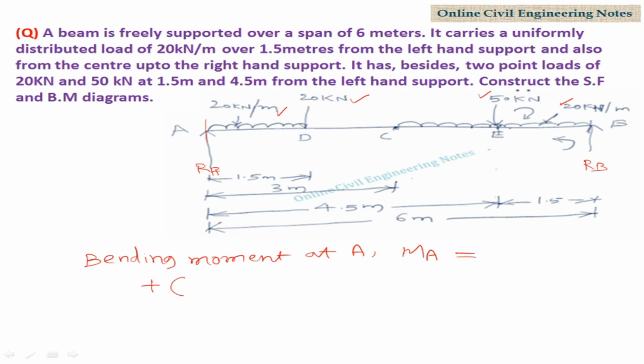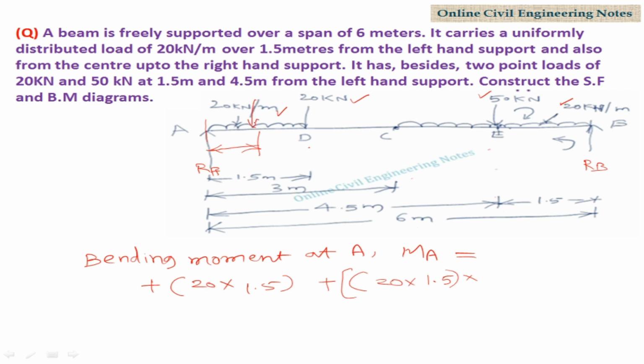First concentrated load 20 into perpendicular distance from D to A is 1.5, plus UDL 20 kilonewton. Convert the UDL into concentrated load, so we have to multiply it with 1.5, that is the distance of UDL. After converting, it will be 20 into 1.5, 30.